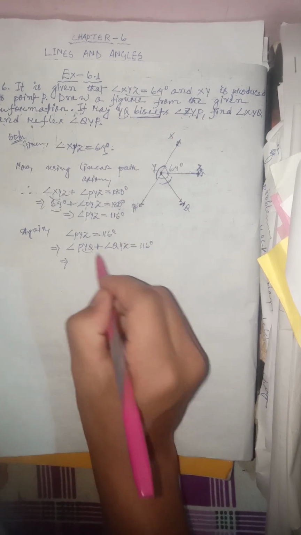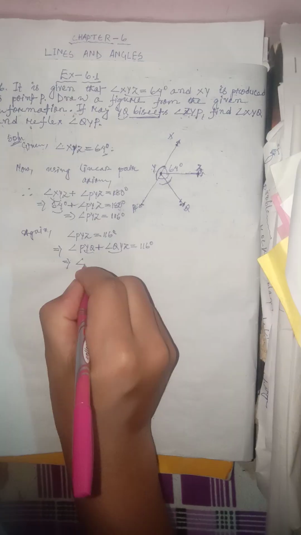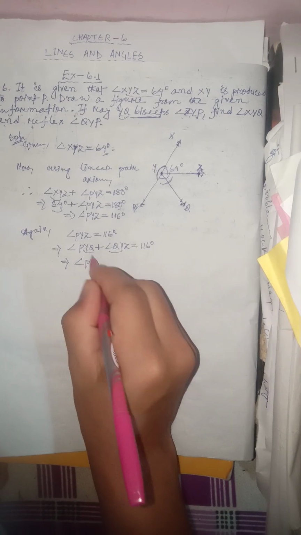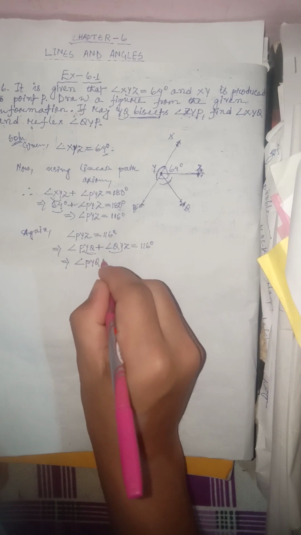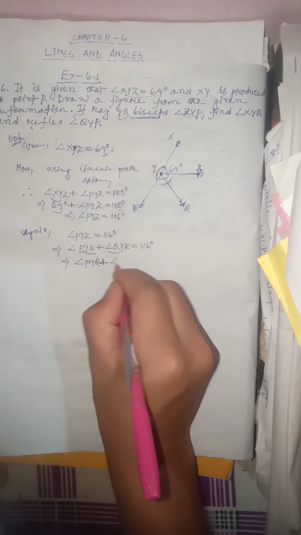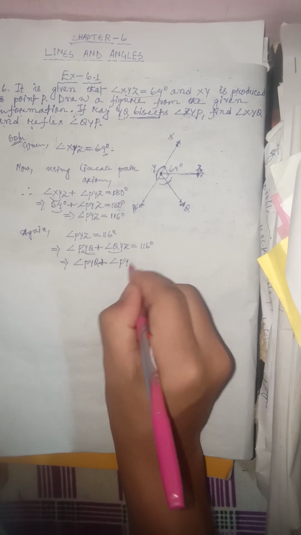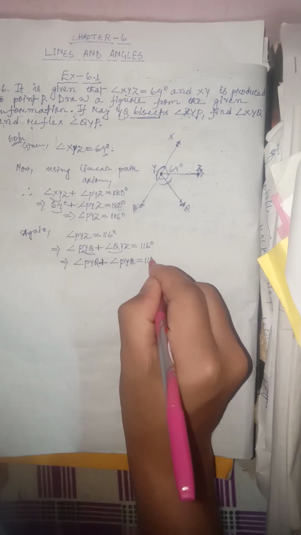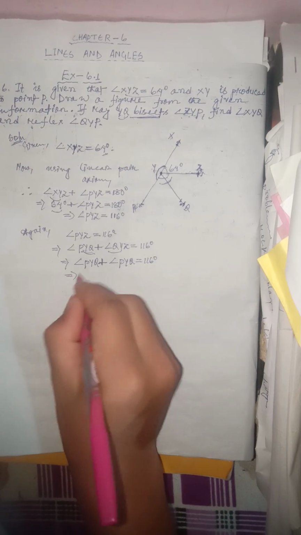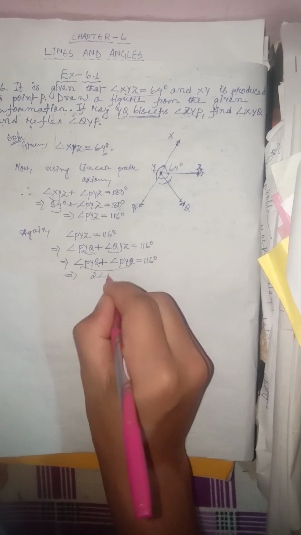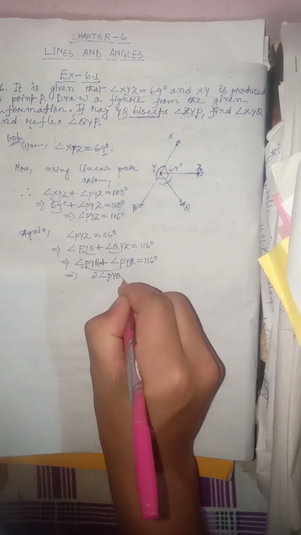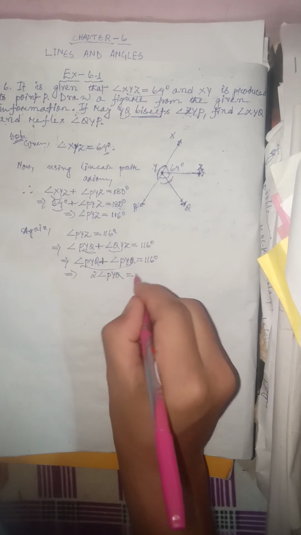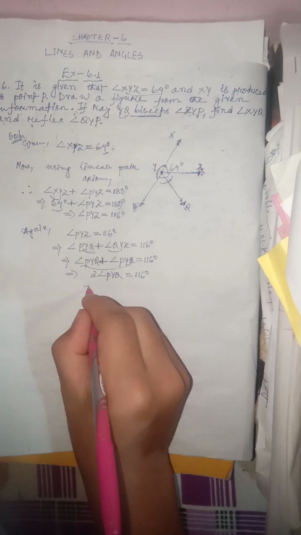Because of this, these two angles must be equal. Let me take it as PYQ so that it will be easy in our further calculations. Equal to 116 degrees. If you add these two, then we will get twice angle PYQ equal to 116 degrees.